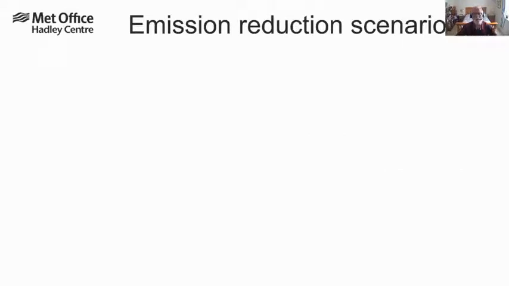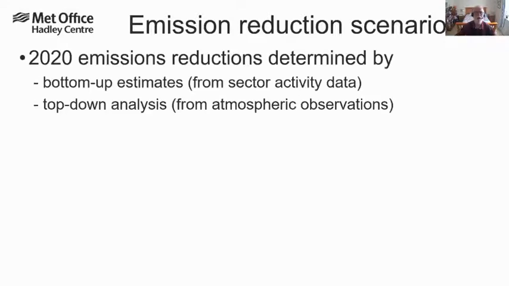So we need some scenario for feeding into the simulations for what the size of these reductions in emissions have been, and these have come from other work determined by a combination of bottom-up estimates, so details about what changes in activities in different sectors like transportation and industry, and also top-down analysis, changes in what we can actually see in the observations.